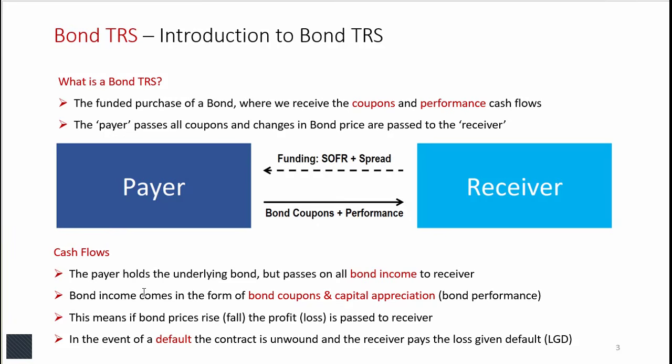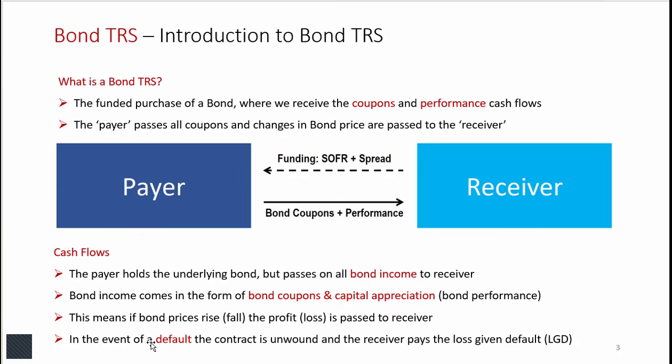The bond income comes in the form of bond coupons and capital appreciation, which is the bond performance. If bond prices rise, the profit is passed to the receiver. If bond prices fall, the loss is passed to the receiver. So the payer is holding some bonds, and then they're completely hedged and immunized from any movements in bond prices because all the P&L is being passed on to the receiver. But we also pass on all the coupons as well.